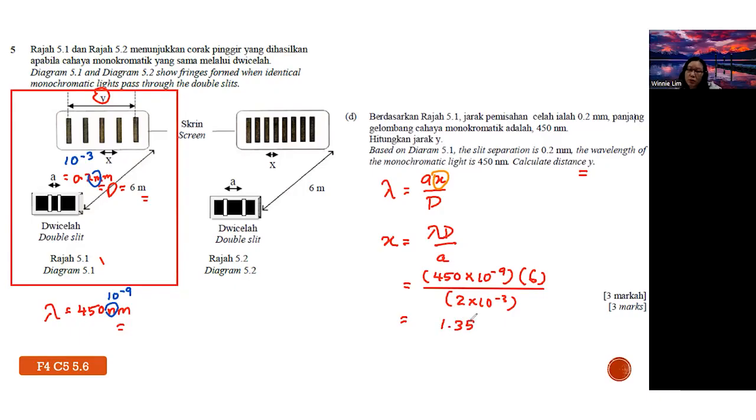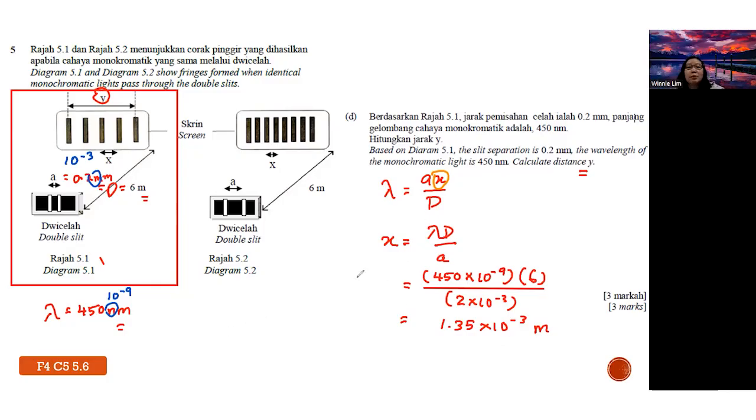So you're supposed to get 1.35 times 10 power of -3. I try one more time. Yes. And the unit is meter because I changed everything into meter already.